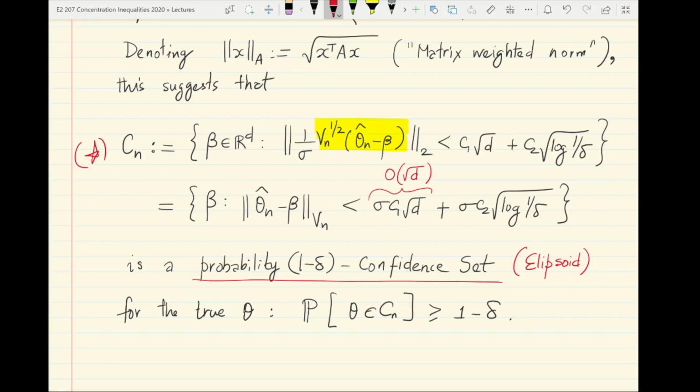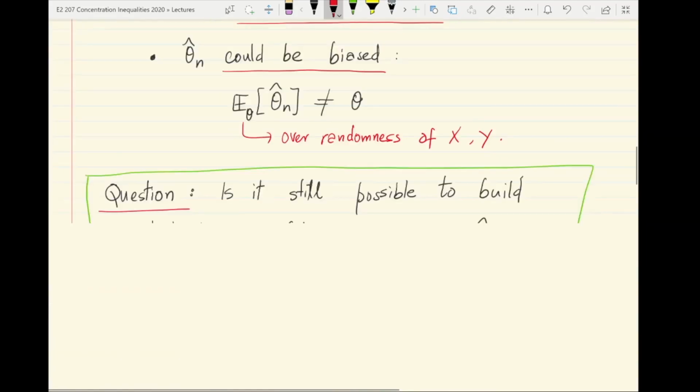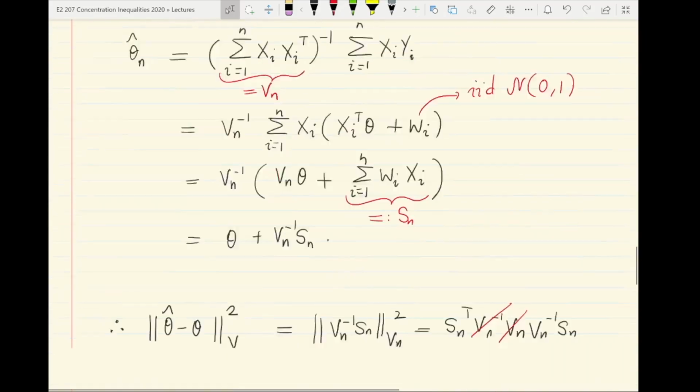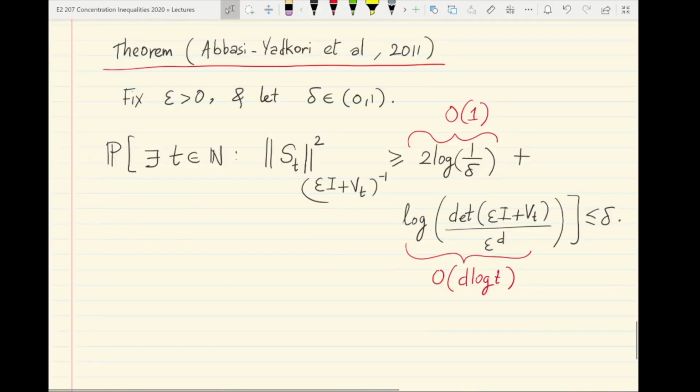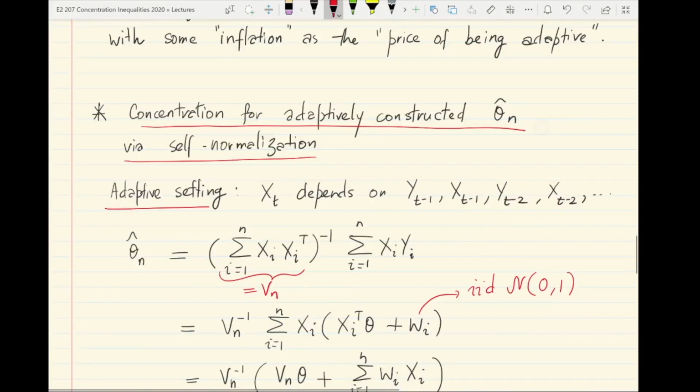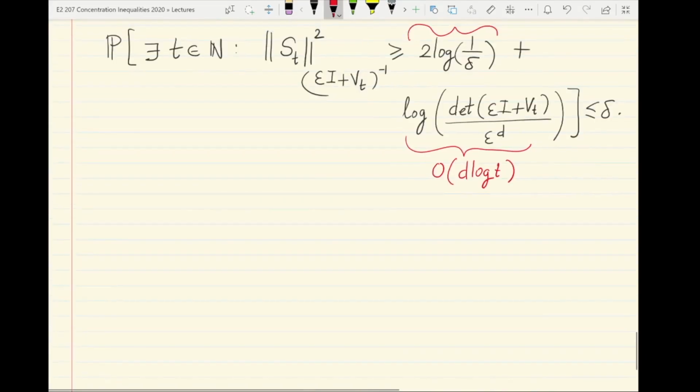So order square root d would be order d if you squared it, and this term is order square root log 1 by delta. The order square root log 1 by delta squared would appear here as the log 1 by delta term, which is the order 1 term, except that we are paying a small price of this extra log t, to be uniform in time.